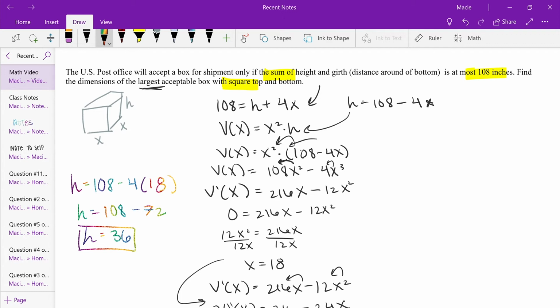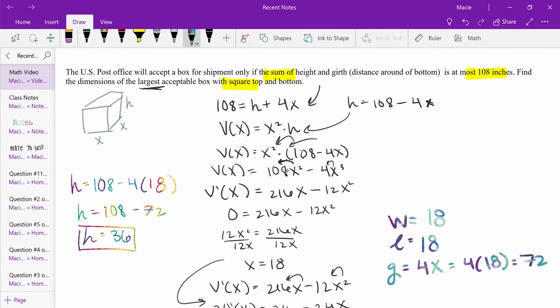So what we've learned so far is that height equals 36 and our width and length are both equal to 18 because it's a square bottom. And the total girth, if we're labeling that G, is just 4 times x, which equals 4 times 18, which is 72, which we've already figured out.